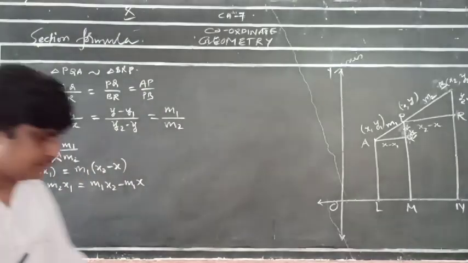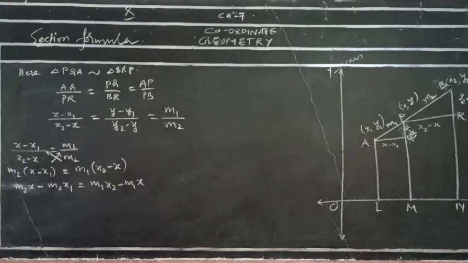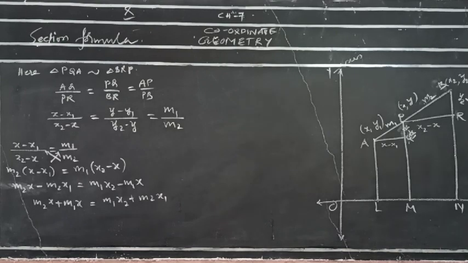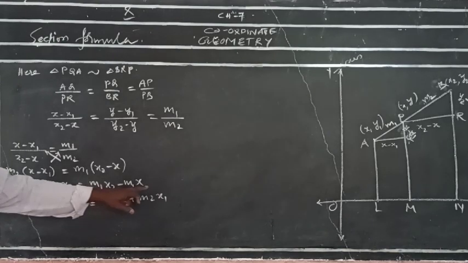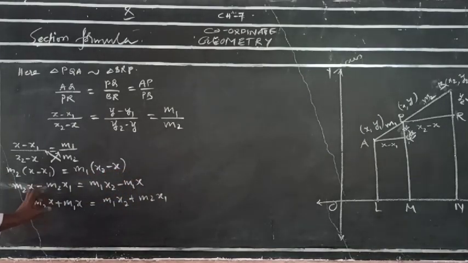Again I am writing here: this is the x variable term, this is the x variable term. The relation m2 x minus m2 x1 is equal to m1 x2 minus m1 x means I am bringing the x terms to this side and the other terms to that side.